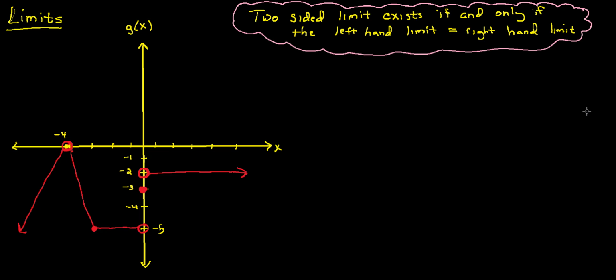So I want to know about the limit as x approaches -4. Now, this is a question about the two-sided limit. And in order to really figure that out, I need to come from the left.